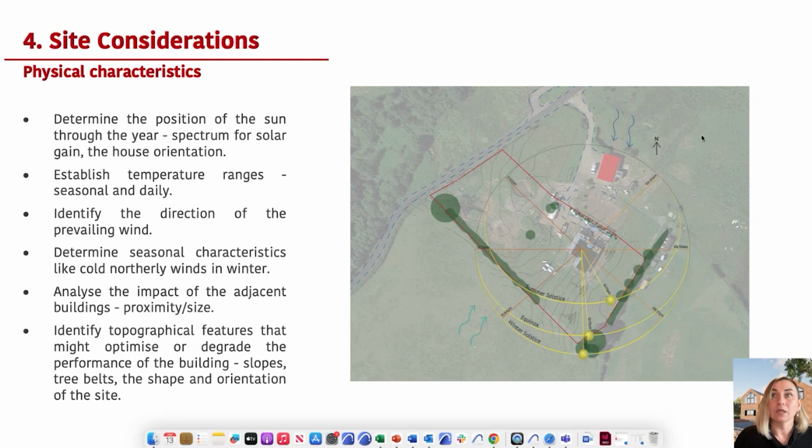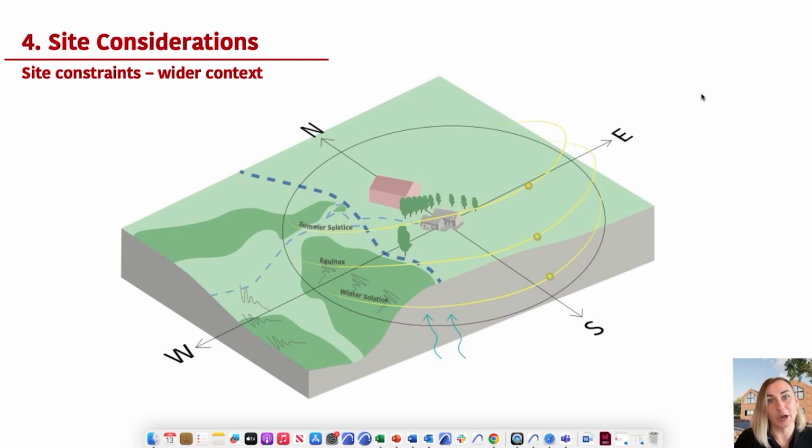So if we zoom out from this picture and look at the wider context, that can also impact the design of the house and the specification for particular windows or finishing materials as well.